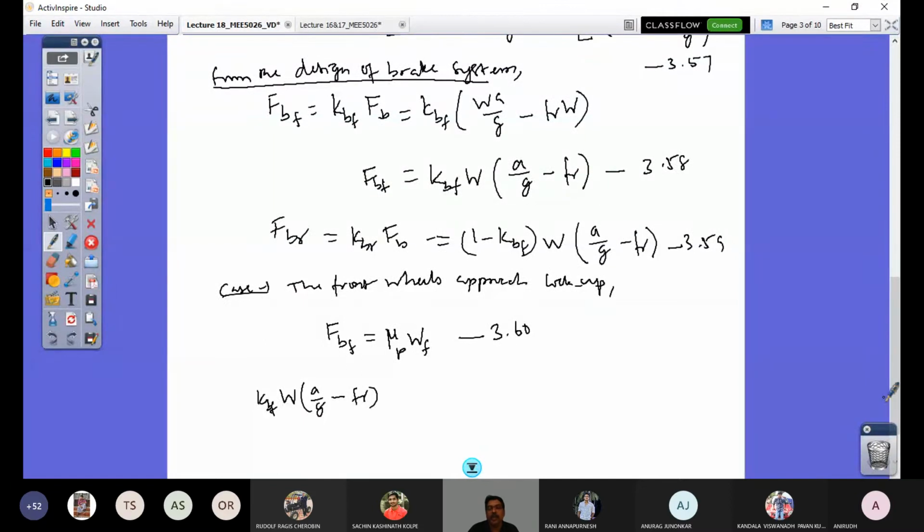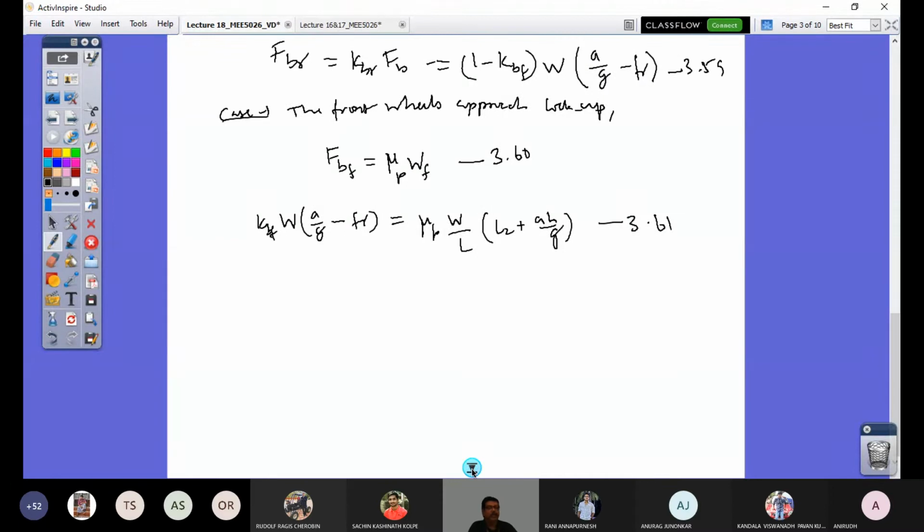On the other side, it is going to be μp into W by L, which we have taken out, so within bracket it was L2 plus AH by G. So this is my equation 3.61. Now this equation can be manipulated and adjusted to derive the expression for A by G, because I have A by G in both. See, on both sides W is there, so that goes off.